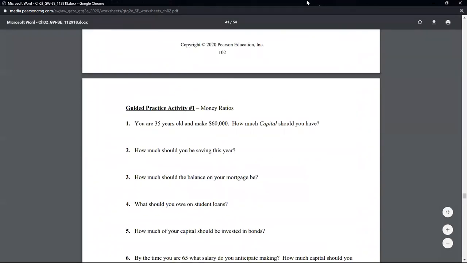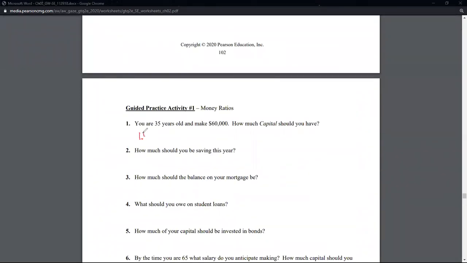And if you do that, 1.4 times 60 grand, you get 84,000 bucks. So that says by the age of 35, if you're making 60 grand a year, you should have $84,000 put towards your retirement plan. 401k, IRA, personal brokerage accounts, pension plans, whatever.